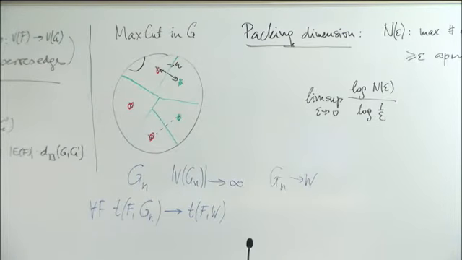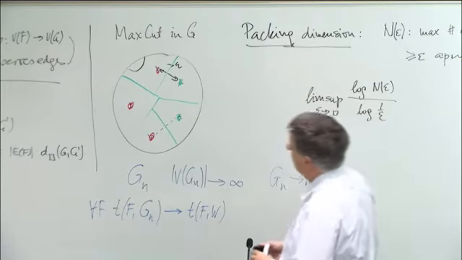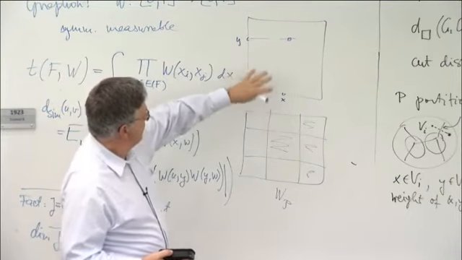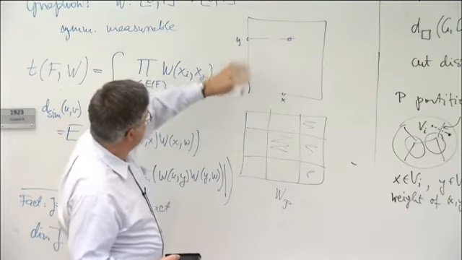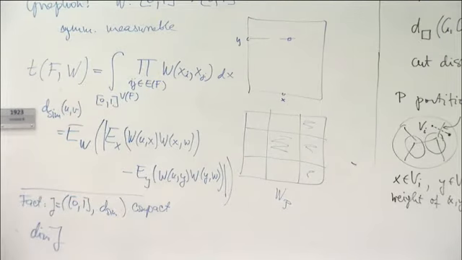So the question is which W's have finite dimension. And of course, it's easy to construct such functions W. If you try to give this W by some formula, almost surely it will be one-dimensional or something.